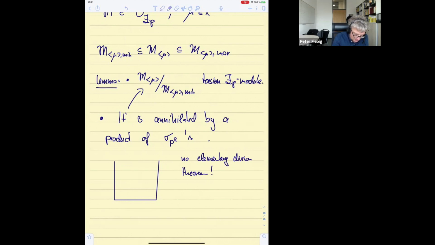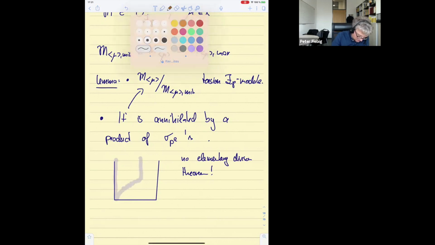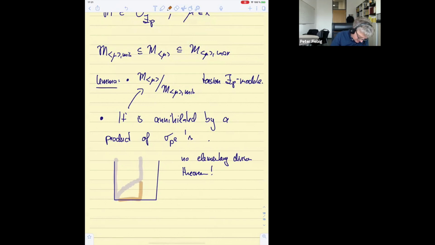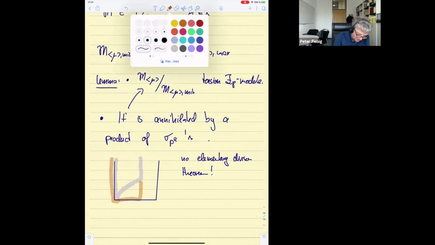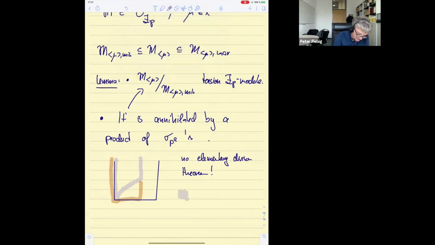So it's very hard to get an idea of what this mu min looks like inside M delta mu. So let me just write, this is mu min, and it's very hard to understand the quotient.